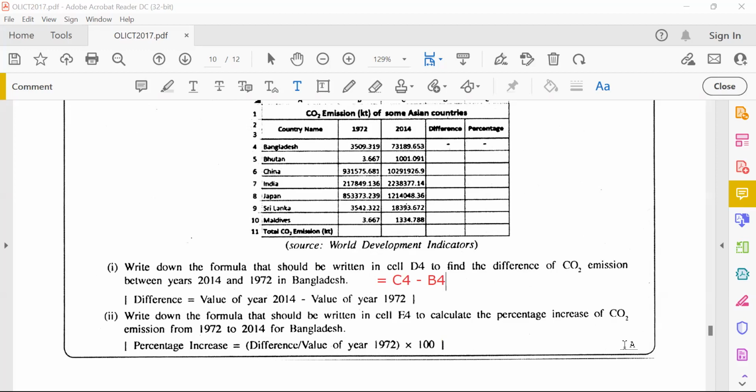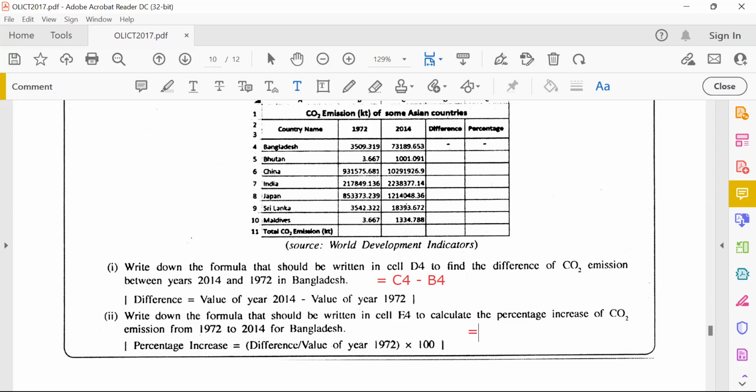There are a couple of ways you can do this. I have seen you were using different ways of answering this. That's perfectly all right. So for percentage increase, we have to have the equal sign.